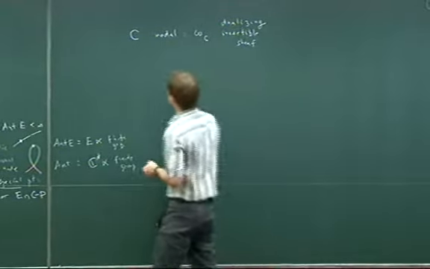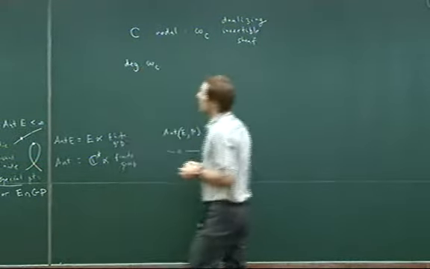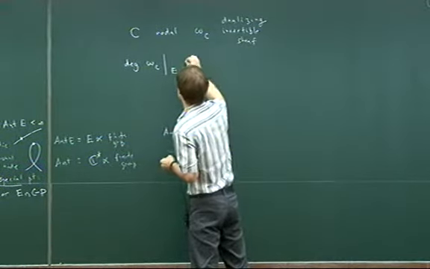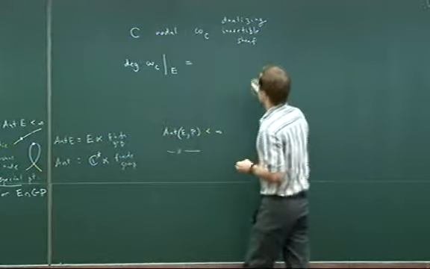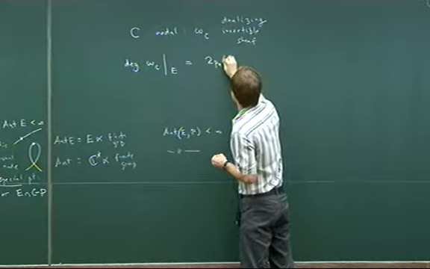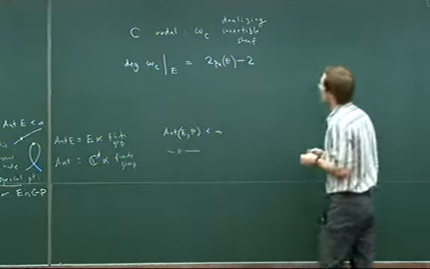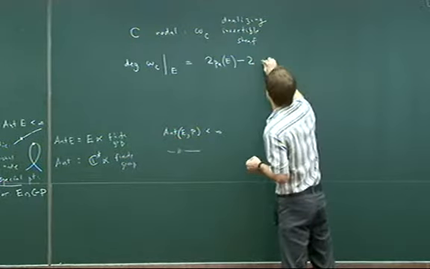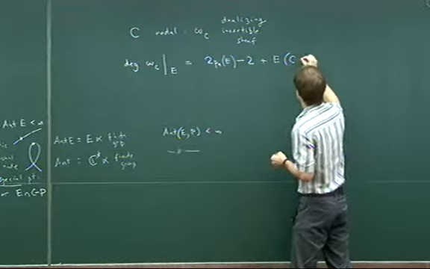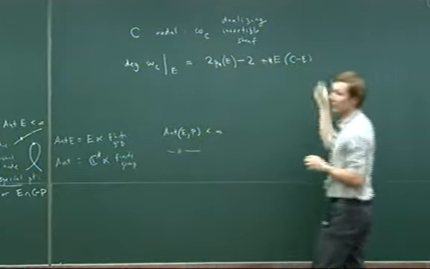And it has a degree, and the degree of this sheaf when we restrict it to E is given by this formula, plus the number of points in the intersection.